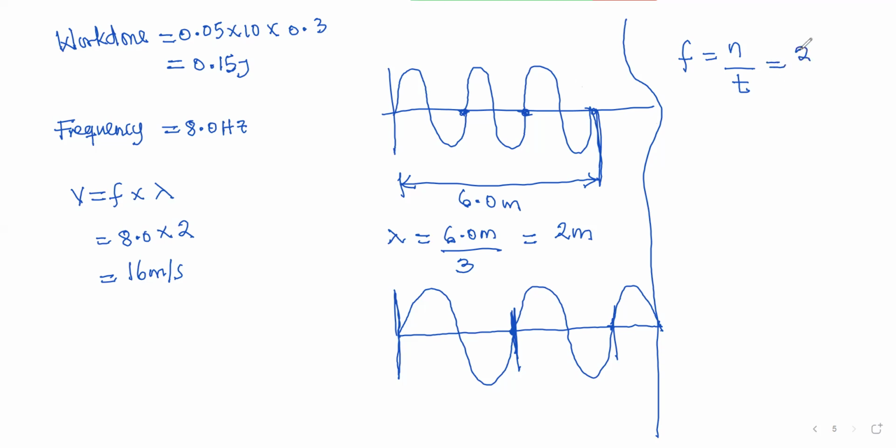So 2 complete cycles divided by a total time of 0.1.